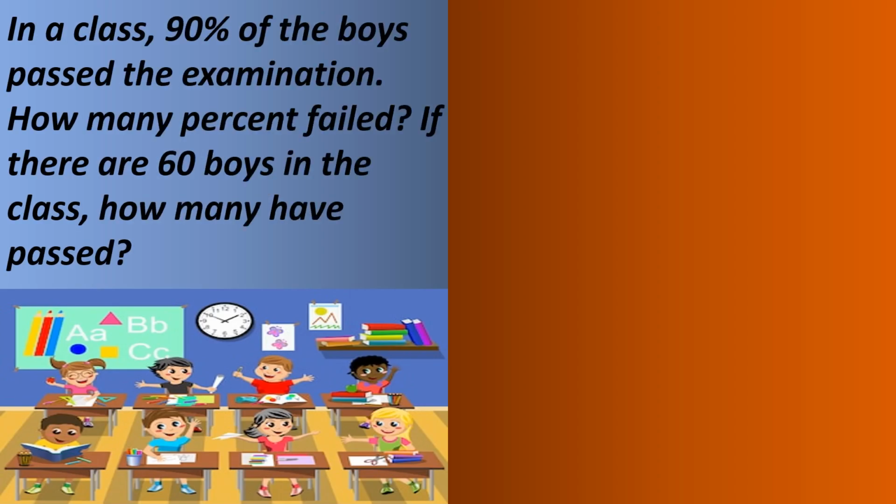Next question: in a class, 90% of the boys passed the examination. What percent failed? If there are 60 boys in the class, how many have passed? So there are two questions in this one. We will solve step by step. First thing which is given to you is that 90% of the boys passed the examination.